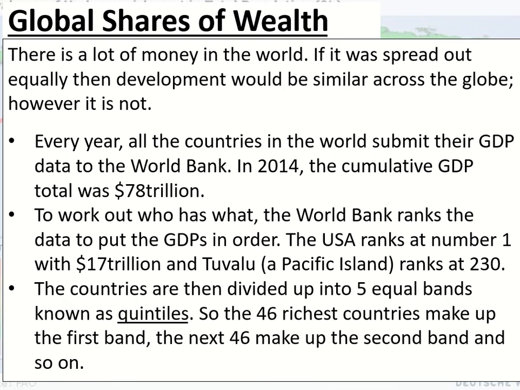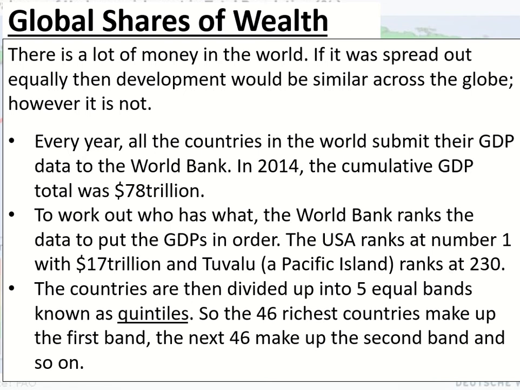Another thing that the World Bank do is they then divide up, and they can either do it by country or by population, and it's often by population. So if they work out the whole world's population, and then they proportion it into 5 equal bands. Okay, so imagine the world's population was 10 billion. It's not, but imagine it was. It would be 2 billion in each band. And we call those quintiles.